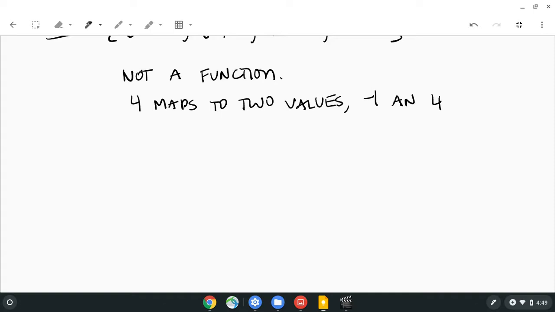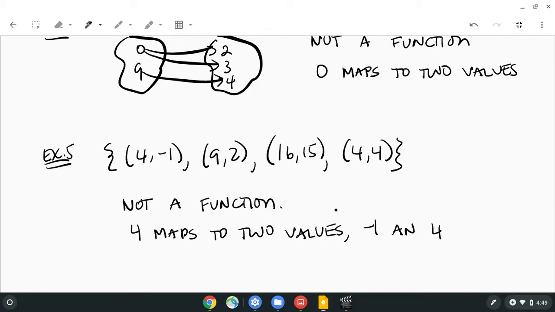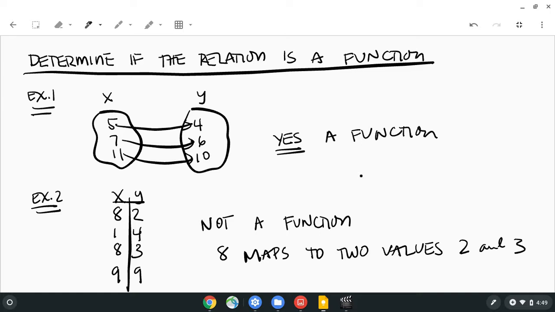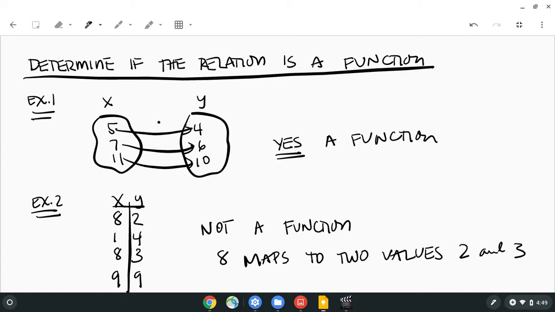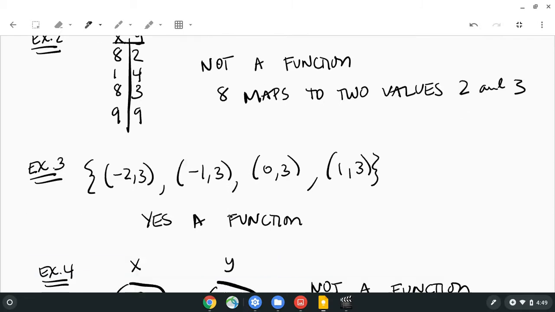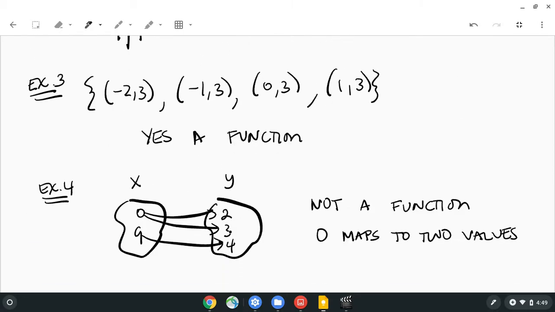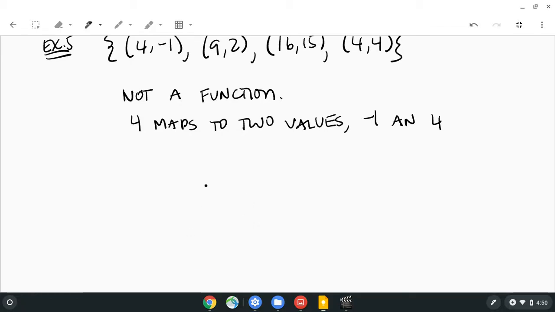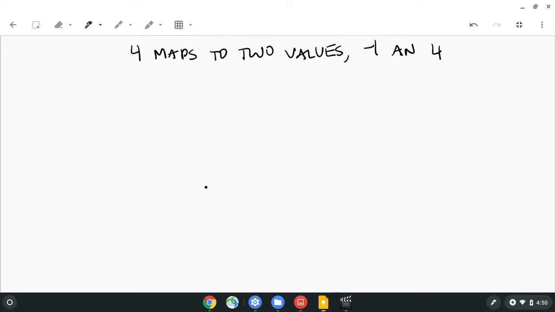So let's take a look at some graphs, and let's see if we can figure out if they are representative of a function. Okay. So we were able to look at these sets, a table of points, a set of points, these sets, points, and determine whether or not they are functions. So let's take a look at these graphically.